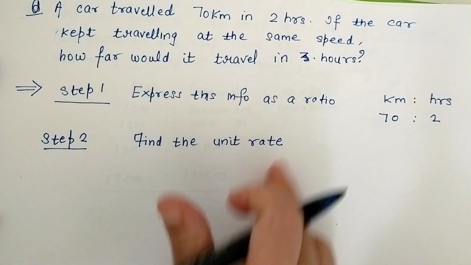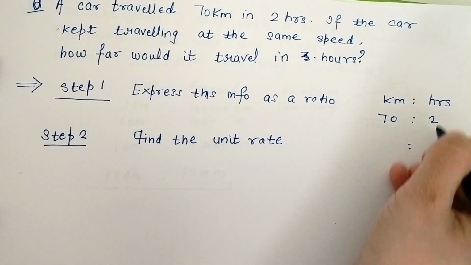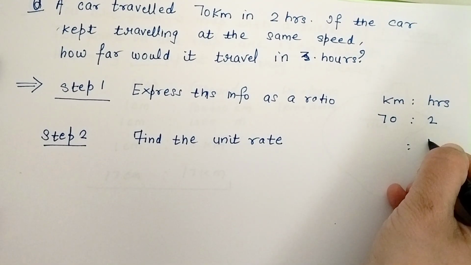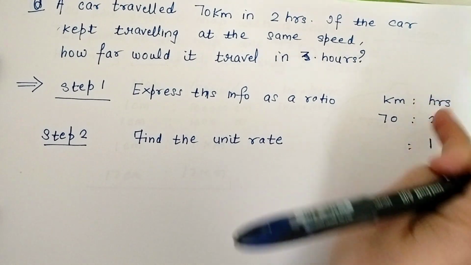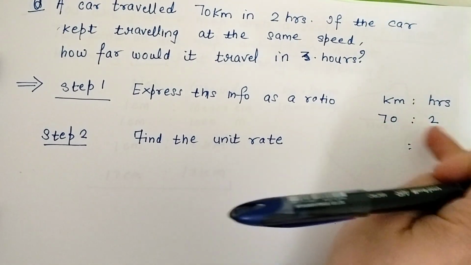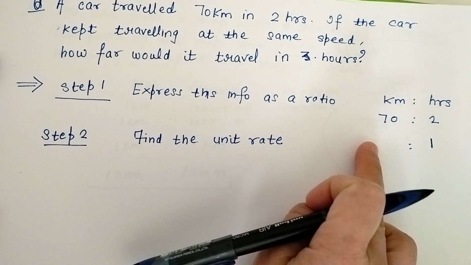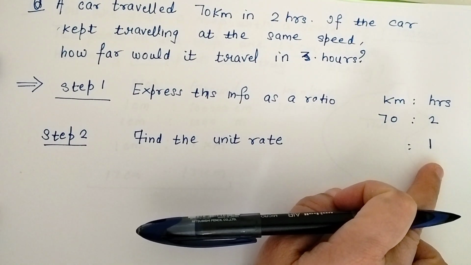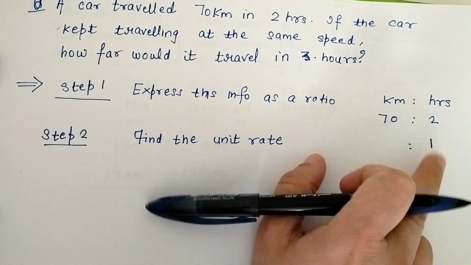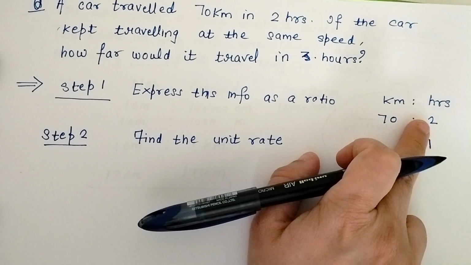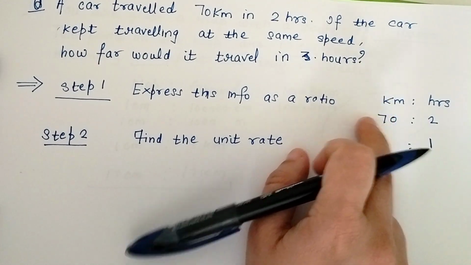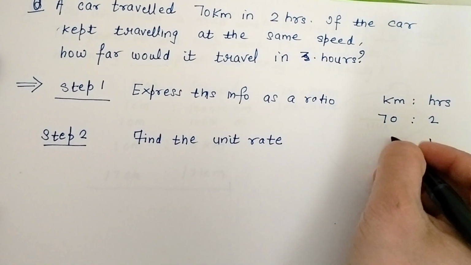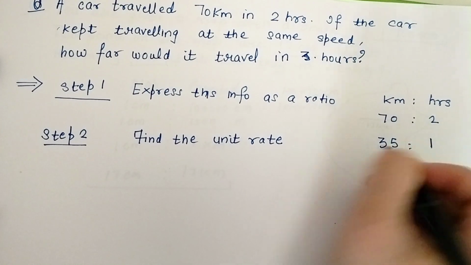Then what will you do? Convert the unit rate of hours, like convert it to 1. If it is traveling 70 kilometers in 2 hours, then how much would it travel in 1 hour? Then what did we do from 2 to 1? We divided this by 2. And here too we will divide it by 2 and then we will get 35.